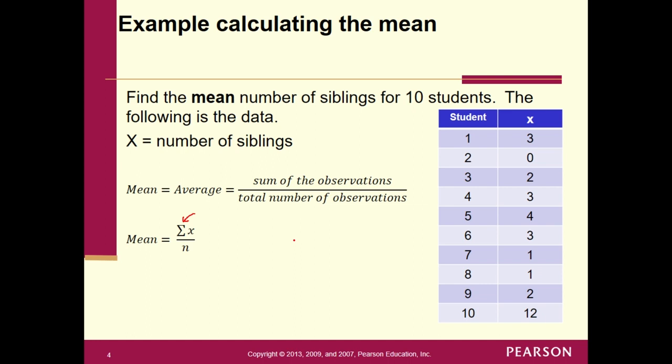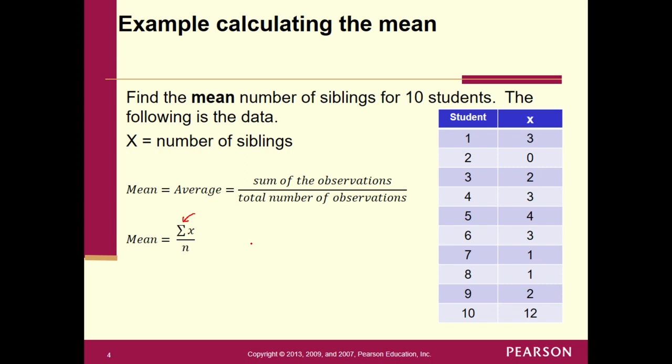Okay? It means to sum something. And I will guarantee you this: if you see a summation sign in a statistics formula, what that's telling you is that there's not just one x out there. There's many x's, all right?